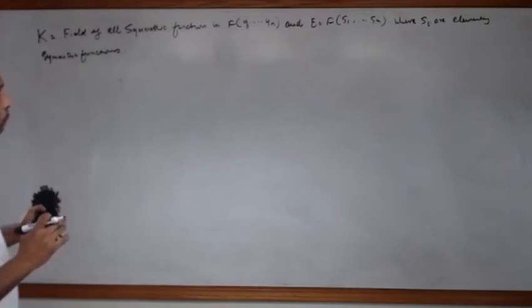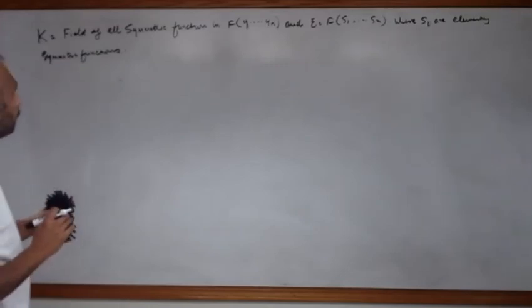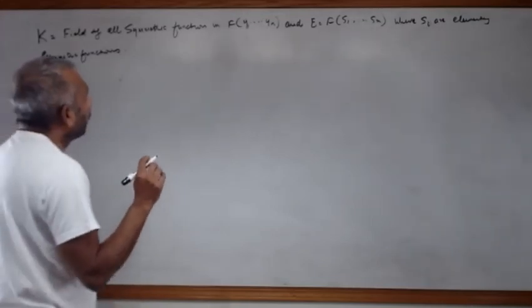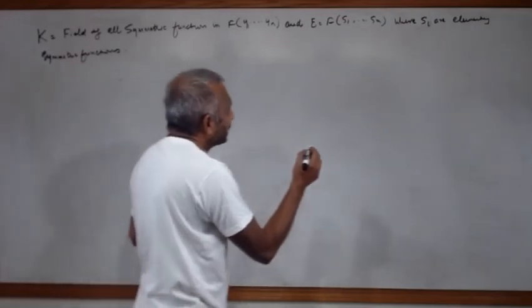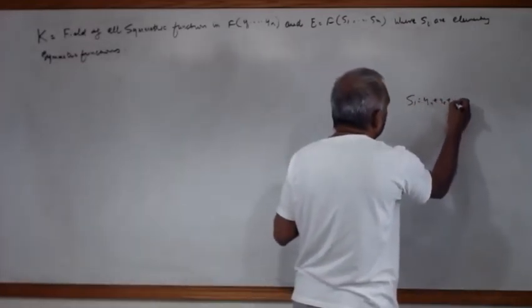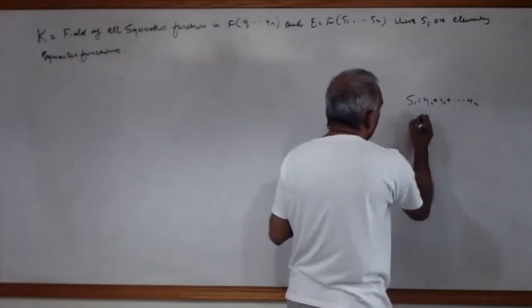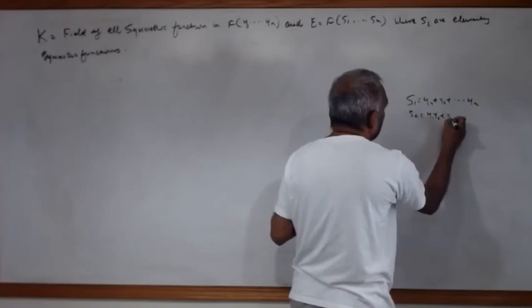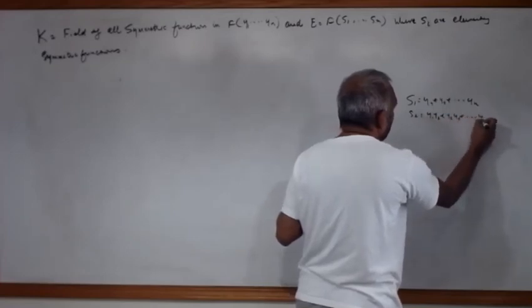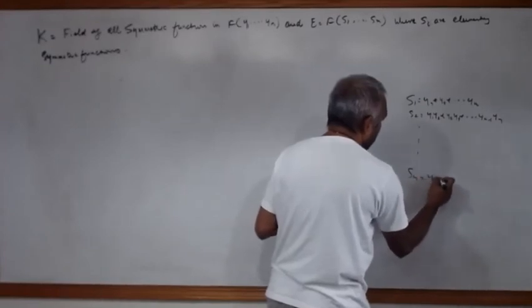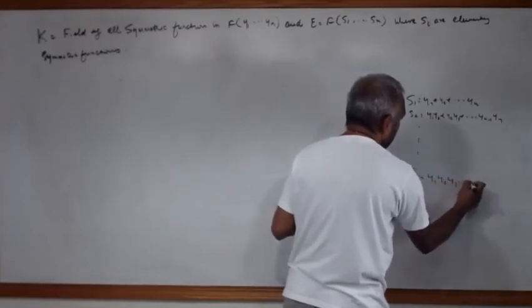So what are the si's? s1 is y1 plus y2 plus dash dash yn, and s2 is y1 y2 plus y2 y3 plus dash dash y(n minus 1) yn. sn is equal to y1 y2 y3 dash dash yn.